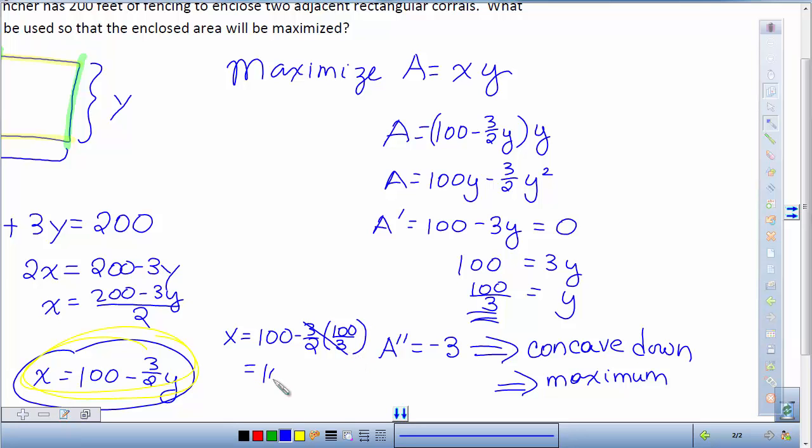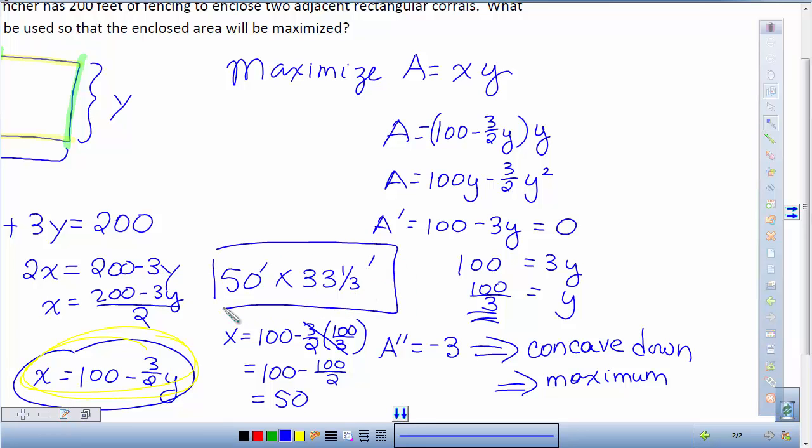So we get 100 minus 100 over 2, and 100 over 2 we know is 50, so we get 50. So our dimensions are going to be, for x, 50 feet by, for y, 100 over 3, or 33 1/3 feet. These are the dimensions that will give me the maximum area.